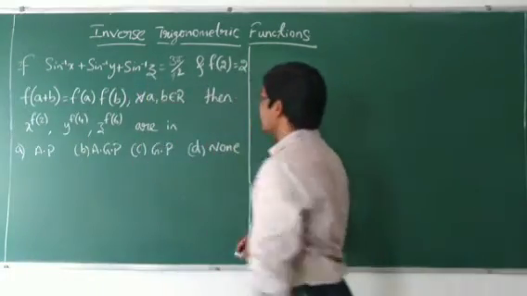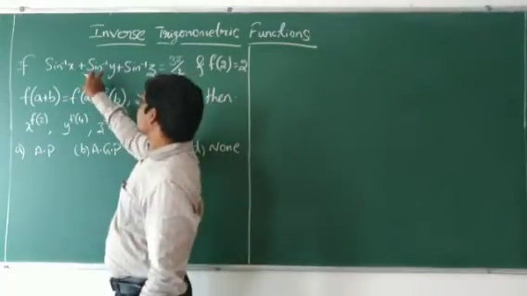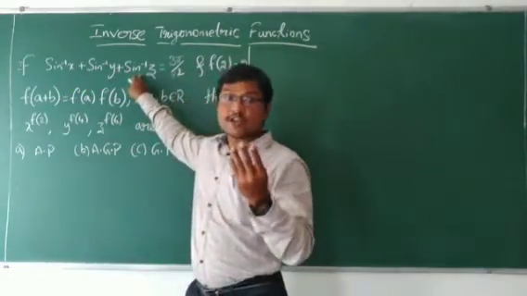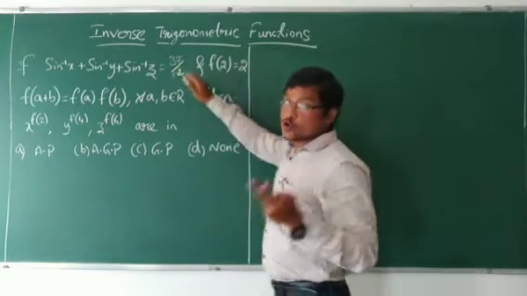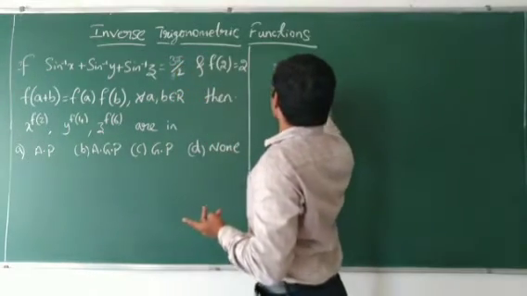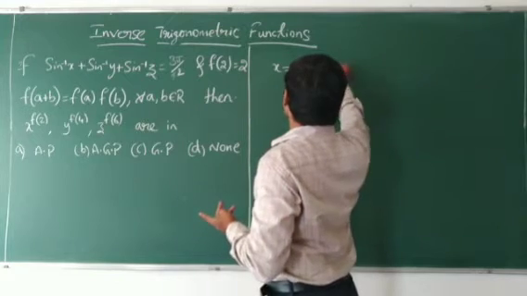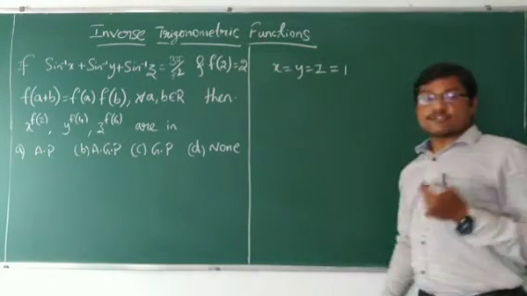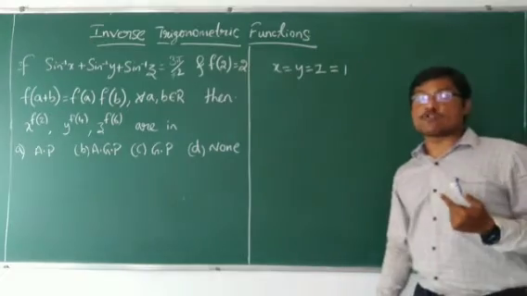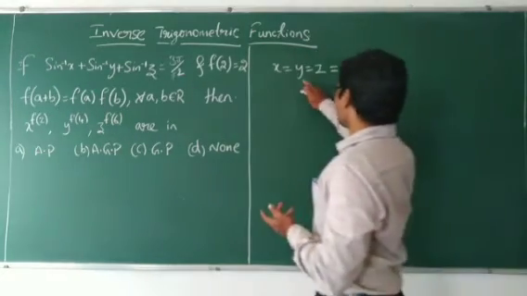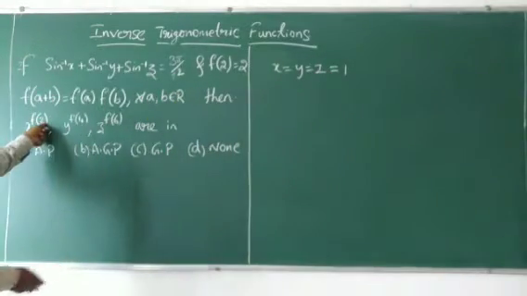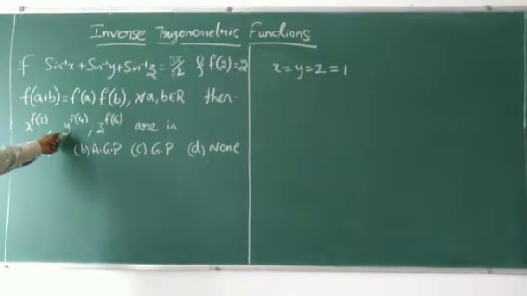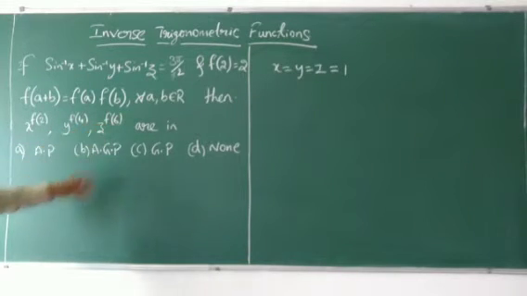If you look at the equation, sin inverse x, sin inverse y, sin inverse z, here you have three terms, and on the right side you have 3 pi by 2. So the simple way is, as we have seen, x, y and z values will be equal to 1. So when x, y and z values are equal to 1, if you take 1 power f of 2, you get 1, 1 power f of 4 is 1, 1 power f of 6 is also 1.